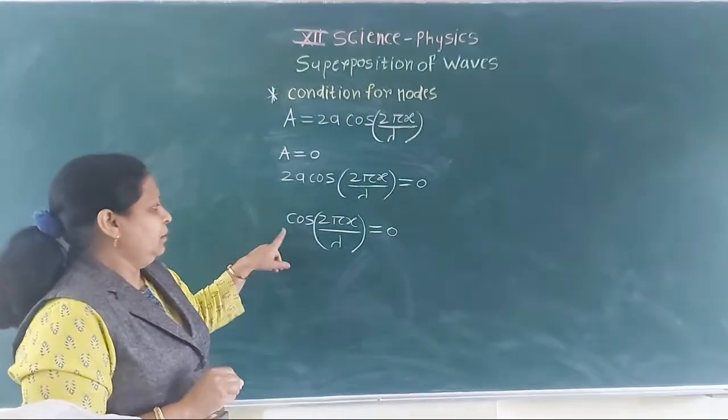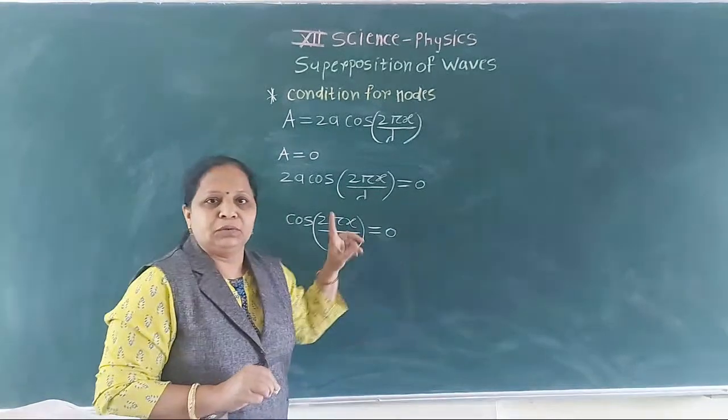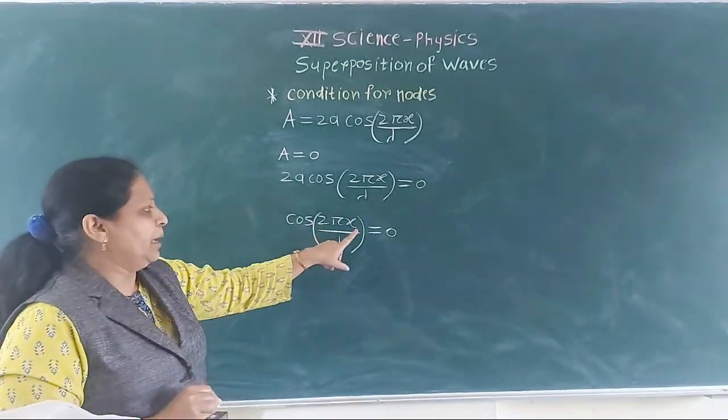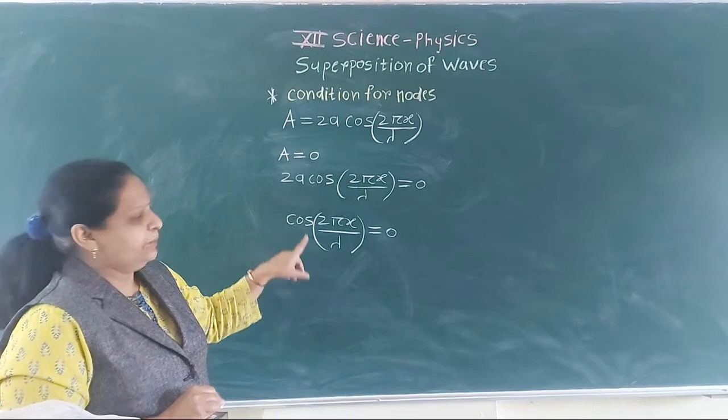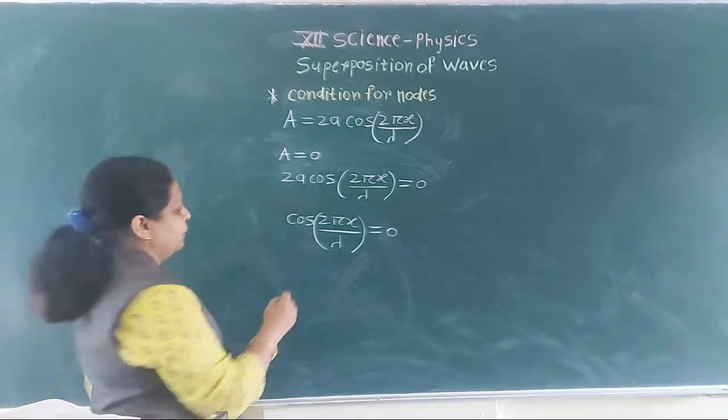Now cos is equal to 0 when 2 pi x upon lambda is equal to pi by 2, 3 pi by 2, 5 pi by 2.